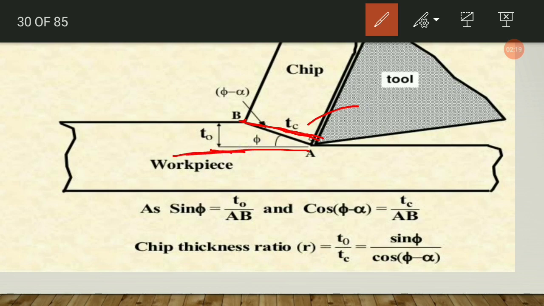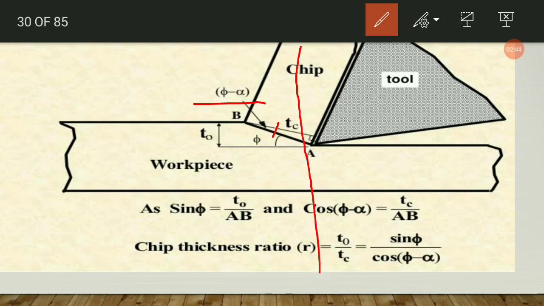Now if you consider the geometry, look, this angle is phi minus alpha. Now what is alpha? Alpha is the rake angle. I previously told you generally the rake angle is denoted by alpha.